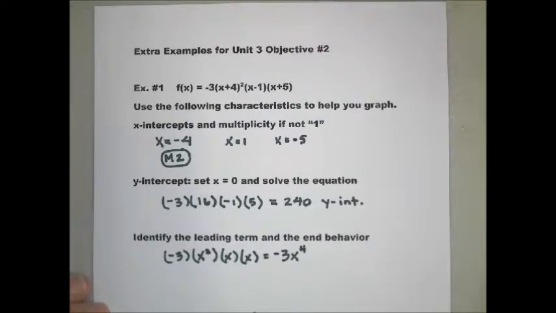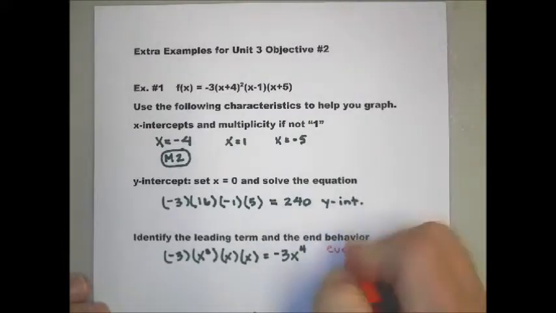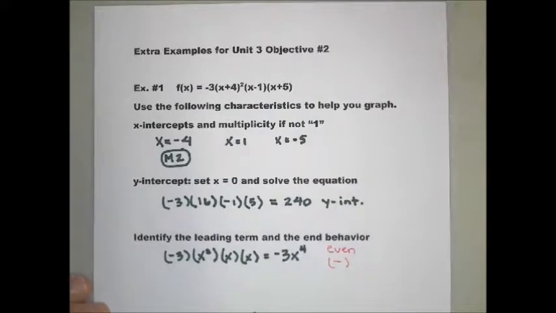Now we need to start figuring out what that tells us. Now, Objective 1 actually told us that. If you have your notes from Objective 1, you're going to want to know that table. If you already have it memorized, good for you, because you're going to need it memorized. So what does -3x to the 4th power tell us? Well, it tells us the power is even, and the leading coefficient is negative.